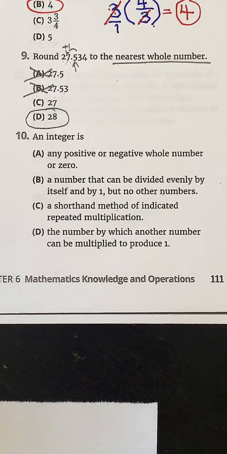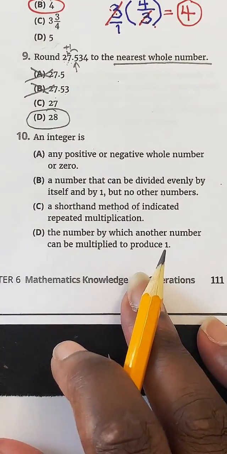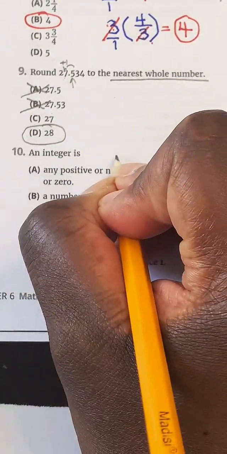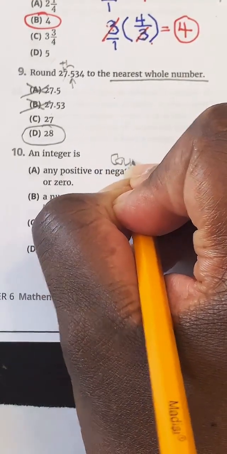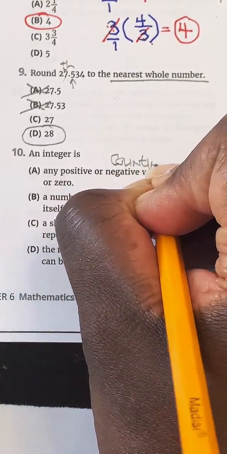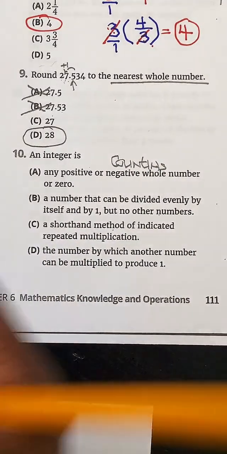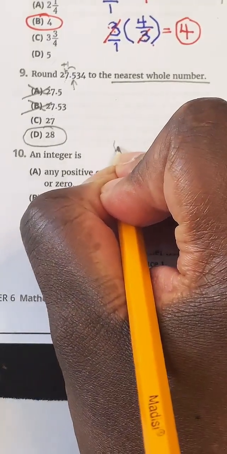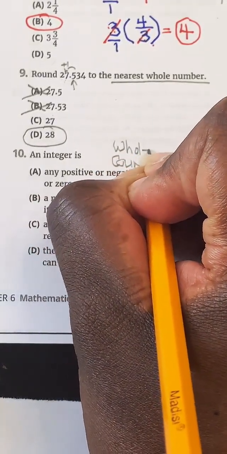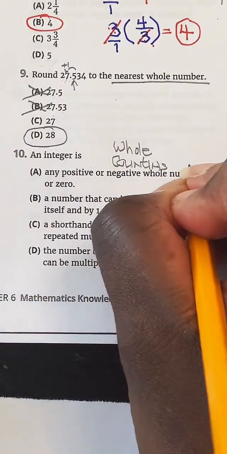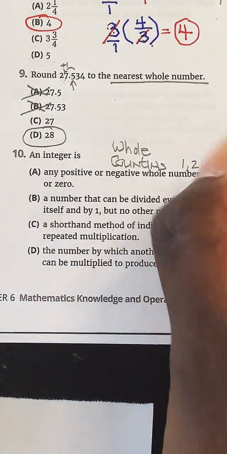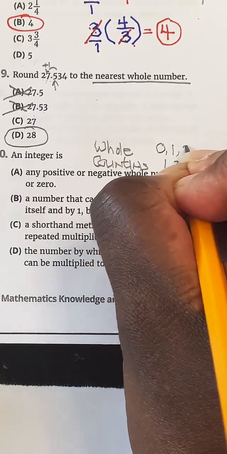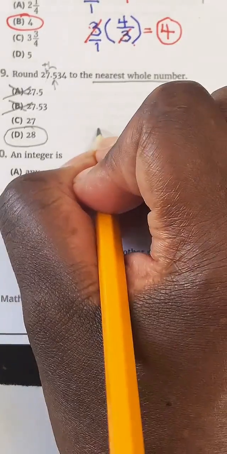All right. So an integer, if you think about it, it's like a bunch of our number lines. We have our different types of numbers. We have our counting numbers, what you do on your fingers and toes: 1, 2, 3, 4, 5. Those are your counting numbers. Then you have your whole numbers, which are the 0, then the 1, the 2, the 3.